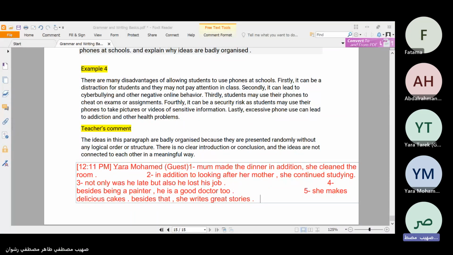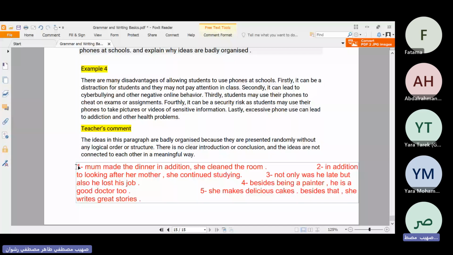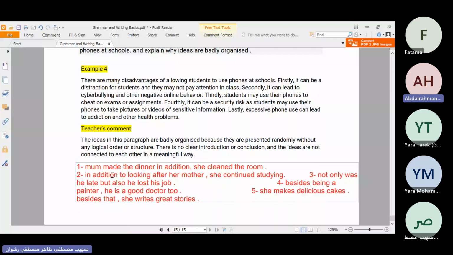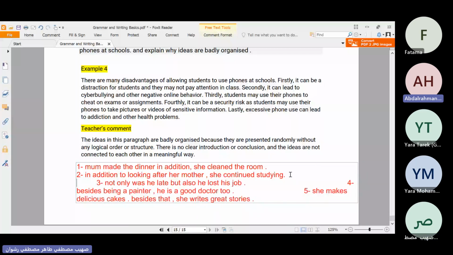Okay, you see the screen now, right? Here are the sentences that Yara sent. Sentence number 1: Mom made the dinner. In addition, she cleaned the room. Abdurrahman, correct the punctuation of sentence number 1. Mom should start with a capital letter.